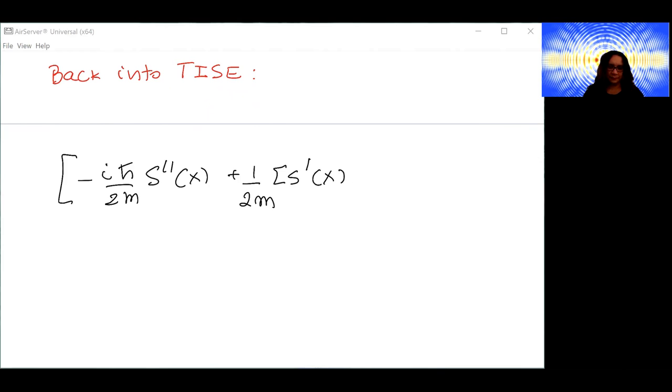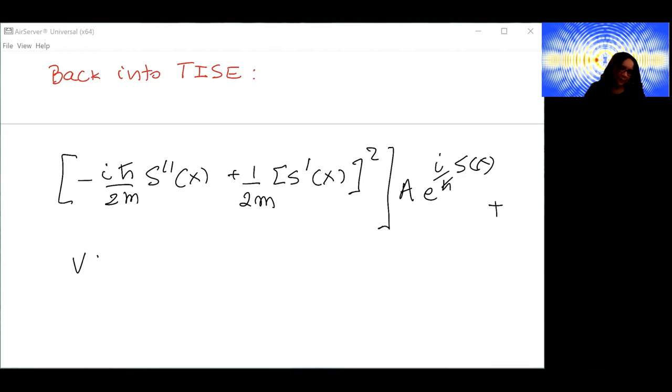Sorry, the square is wrong. Make this smaller. And here you have A e^{(i/ħ) S(x)}, plus V, don't forget V, times A e^{(i/ħ) S(x)}.